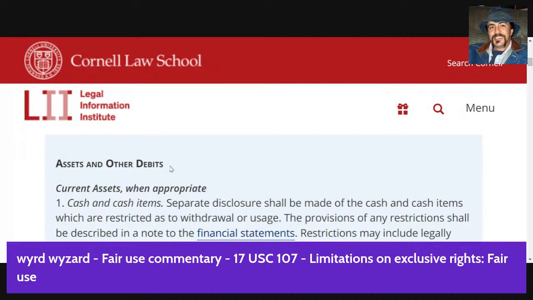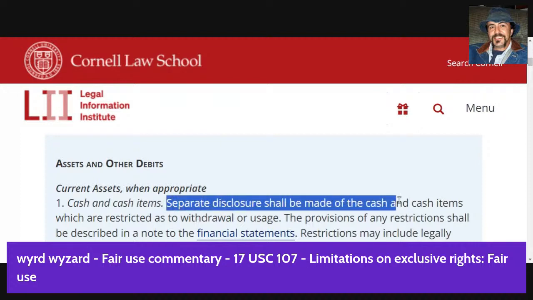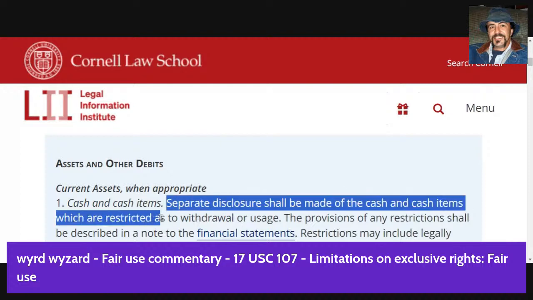Assets and other debits. Current assets when appropriate, cash and cash items. Those documents, those applications, those registrations and all that, those are all cash items. They're negotiable instruments. Legal tender. Separate disclosure shall be made of the cash and cash items which are restricted as to withdrawal or usage.